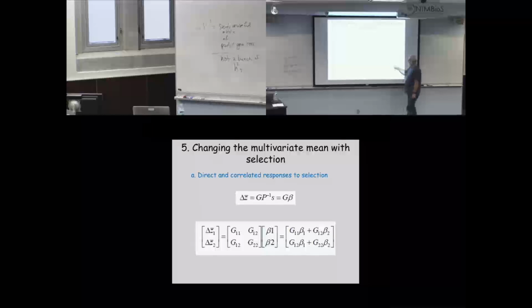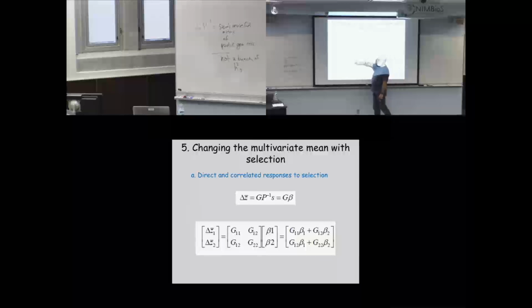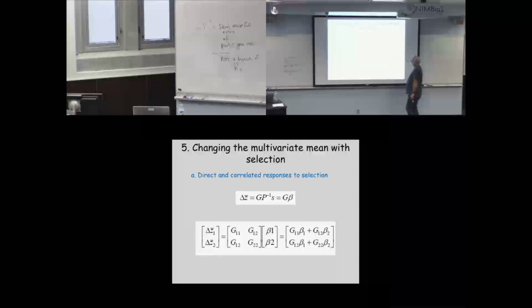No, beta 1 times that whole column vector plus beta 2 times the whole second column vector. Beta 1 times what column vector? Beta 1 is multiplying the first vertical column, and results in a column.